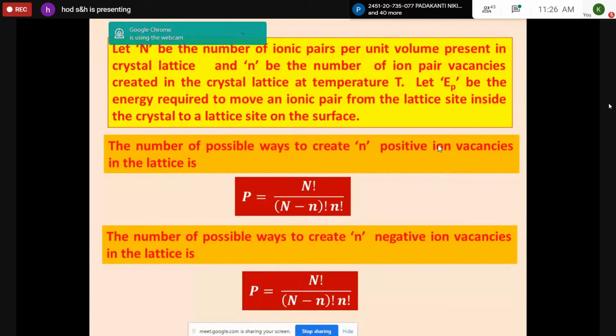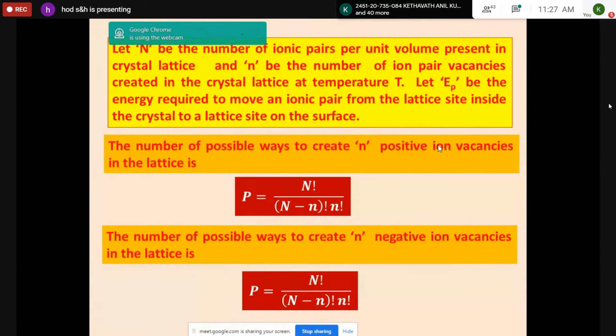And let us assume the number of possible ways from the laws of probability. The number of ways n positive ion vacancies can be created in the lattice is NCn ways, among N ionic pairs. The probability is given by P = N factorial by (N minus n) factorial into n factorial. In a similar fashion, the number of possible ways to create n negative ion vacancies in the lattice is the same, so P = N factorial by (N minus n) factorial into n factorial.